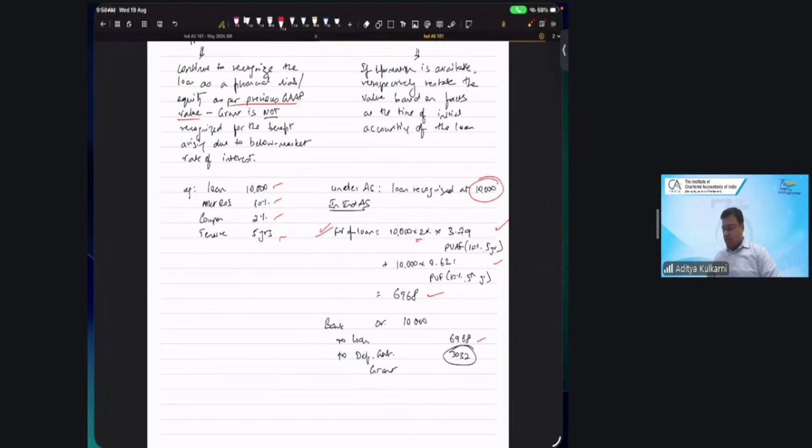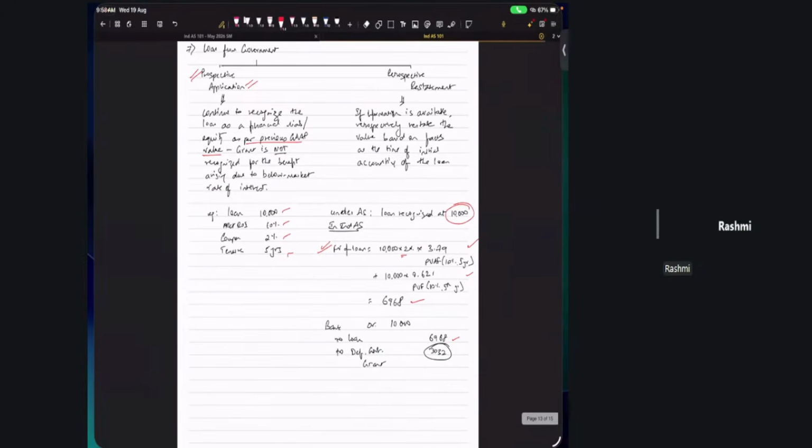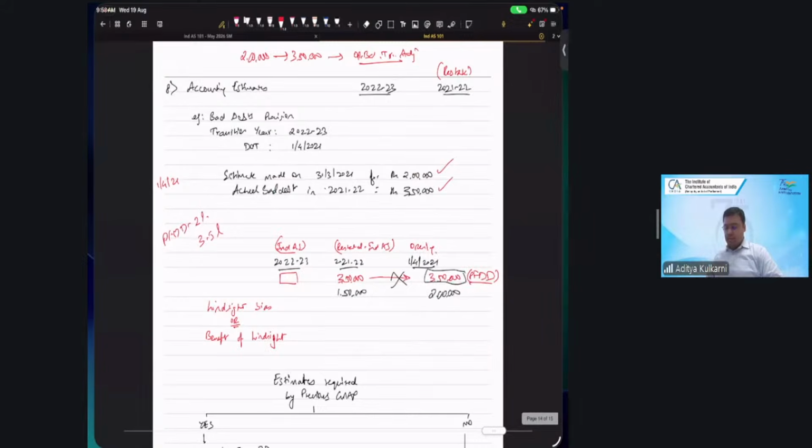This loan, I would then pass bank account debit 10,000 to loan 6,968 to deferred government grant 3,032 rupees. And this deferred government grant, I would amortize it over my P&L over the life of the loan. Yes or no? This is what you can do. So that is about government grants.